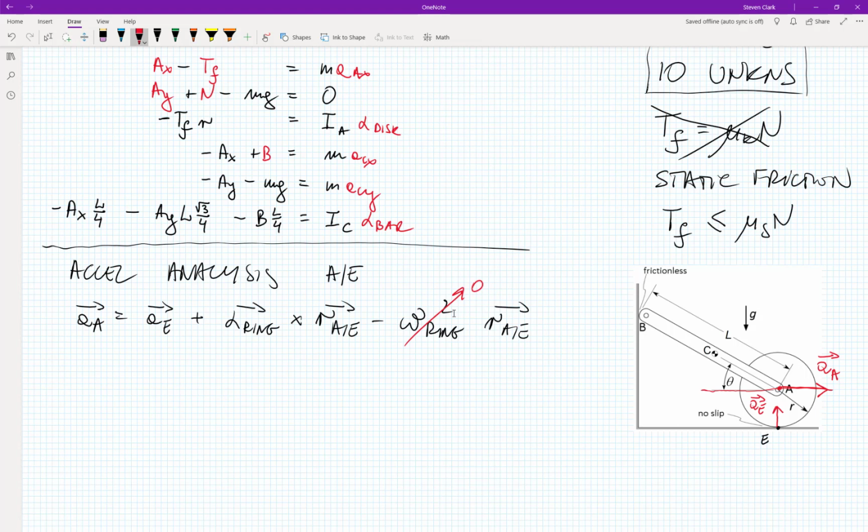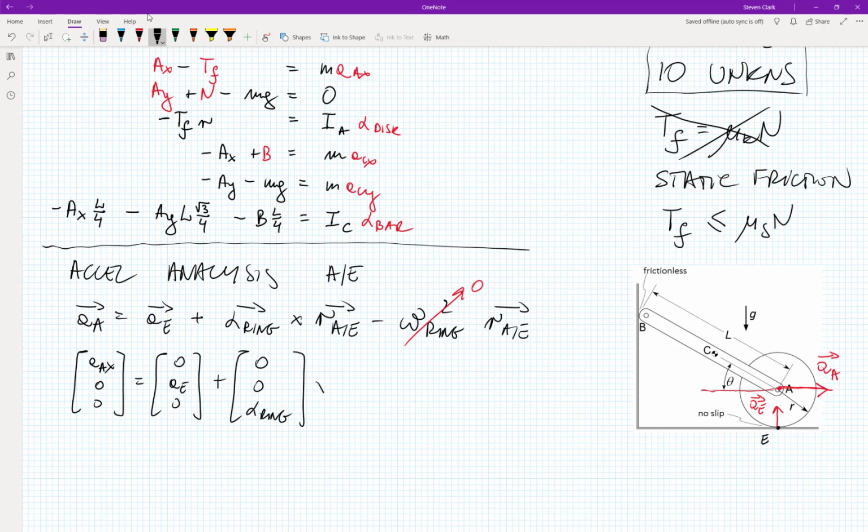I hope that you remember this discussion. So right now I can write in here AAX, 0, 0 is equal to 0, AE, 0 plus 0, 0, alpha ring times 0, R, 0. Because this is the vector, right? This is our vector RAE.